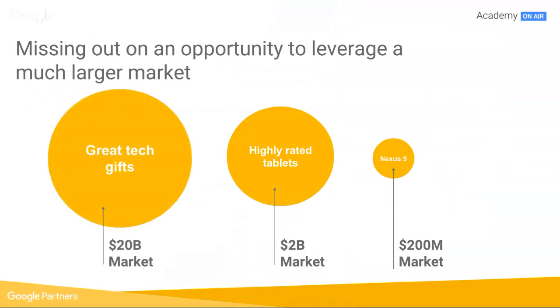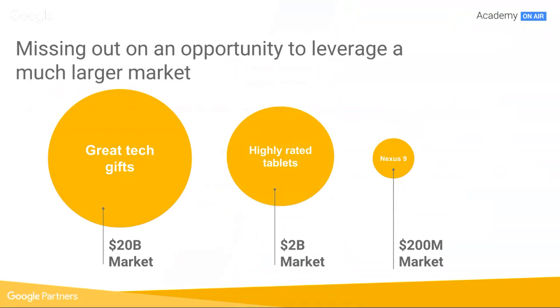And if you look at the more generic queries, like great tech gifts, it becomes even more clear that the 20 billion market is obviously a lot bigger than the 200 million market, even though a Nexus 9 tablet can be a great tech gift. So we can play in that area.